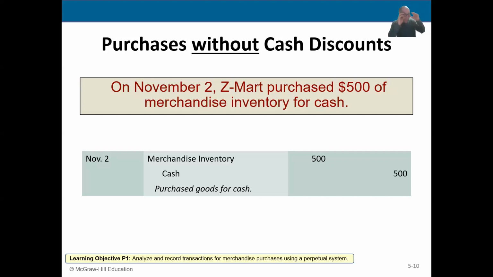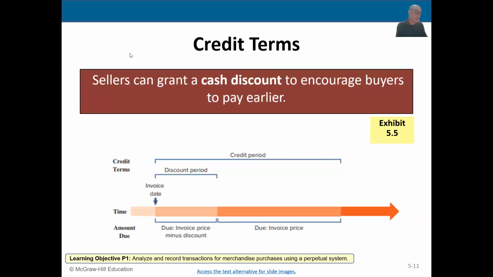Now, in business, it's smart to create what we call credit terms with your vendors, with your distributors. Why? Because credit terms is a method that the distributor or vendor uses in order to get paid faster.